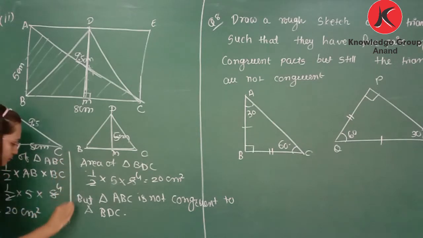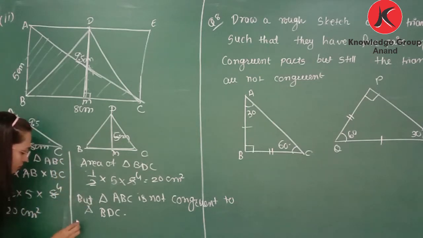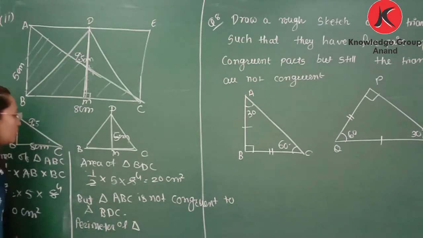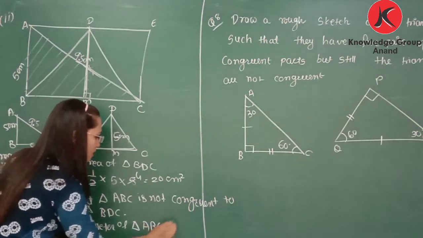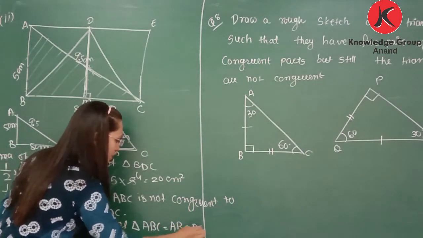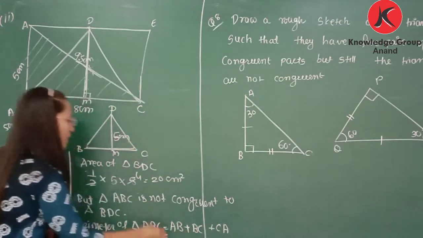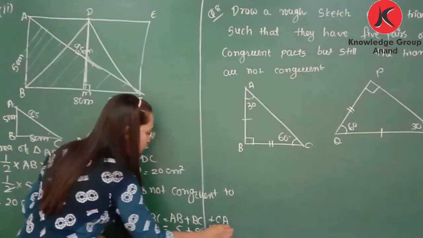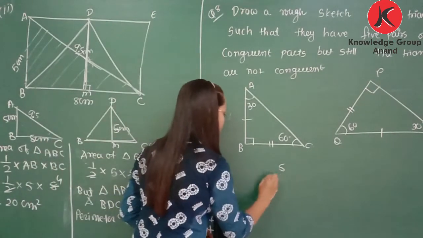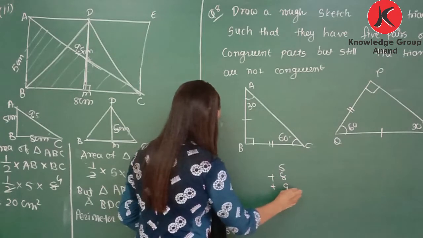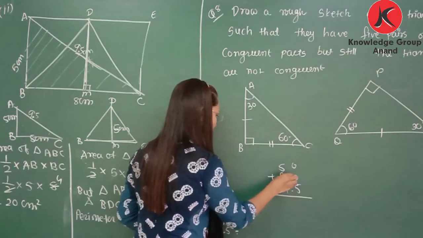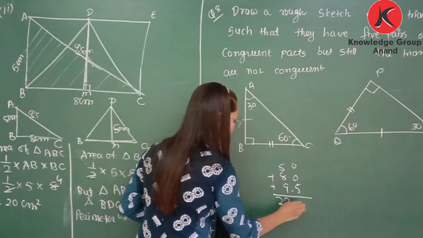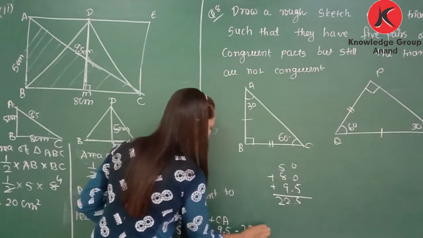So the perimeter of triangle ABC is equal to AB plus BC plus CA. Here AB is 5 centimeter, BC is 8 centimeter and CA is 9.5. So add the numbers, and it is 22.5 centimeter.